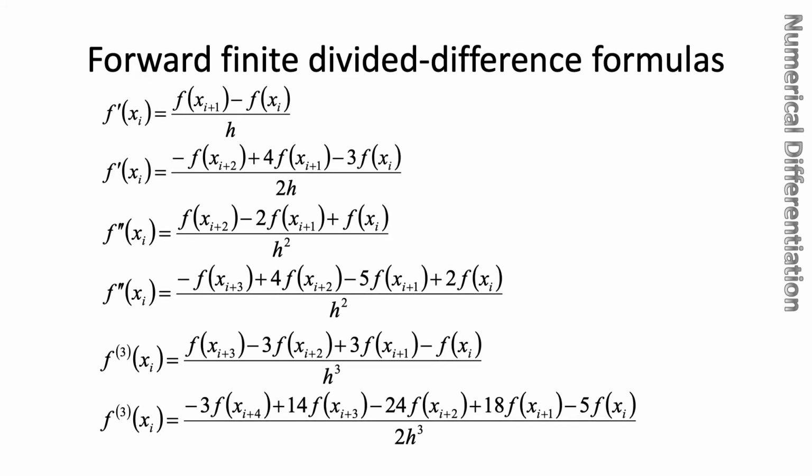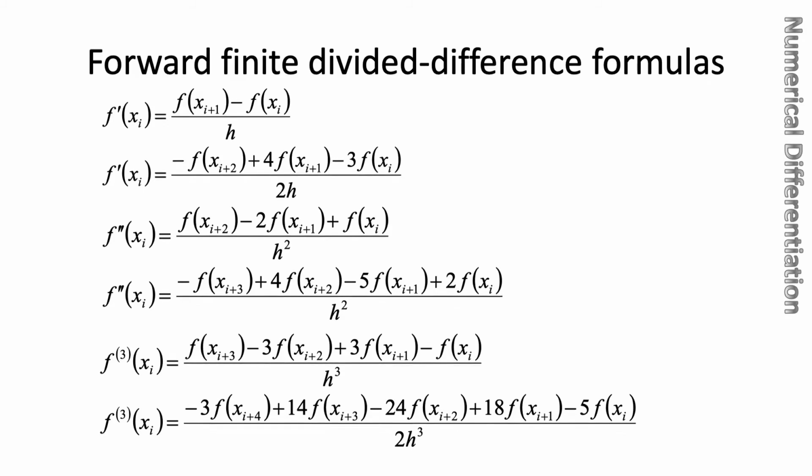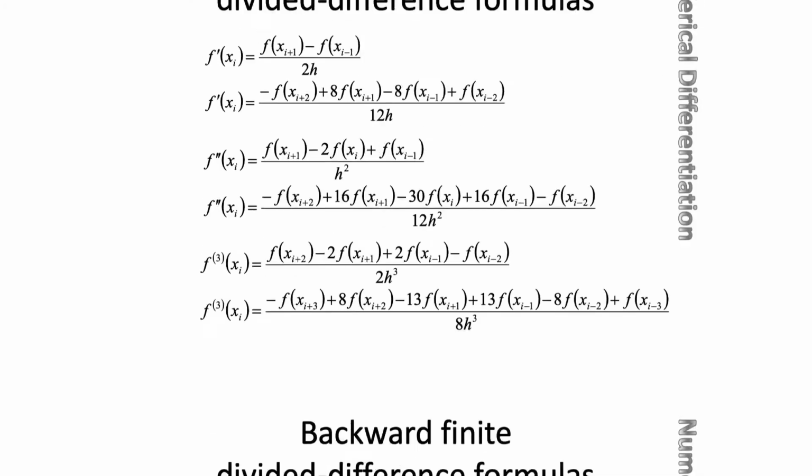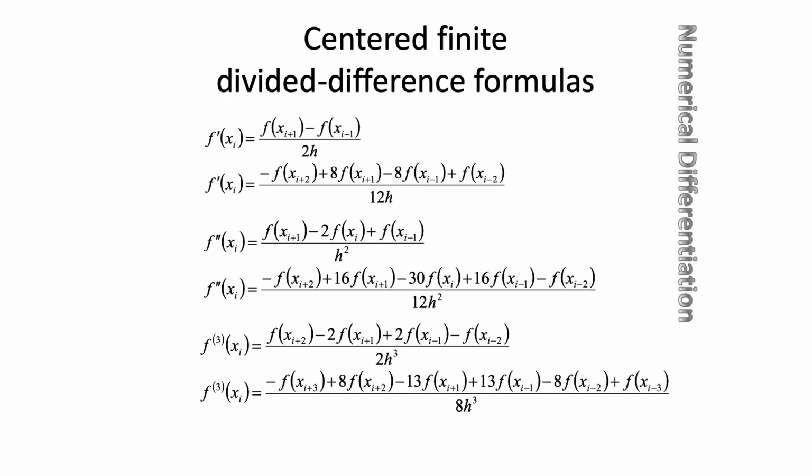You can further derive the expressions for the nth forward divided differences as shown, as well as expressions for the nth backward divided difference with errors still in the order of the first power of h, and even expressions for the nth center divided difference with an error in the order of the second power of h.